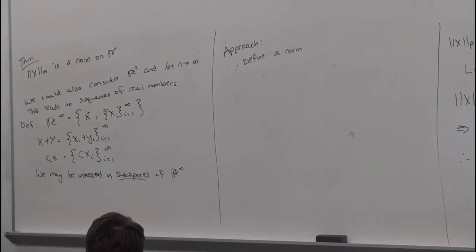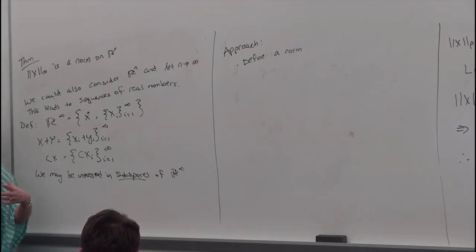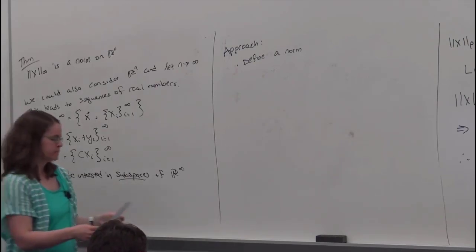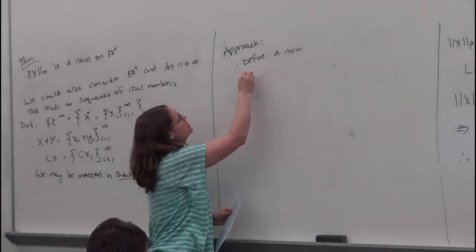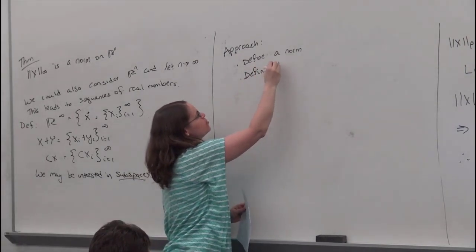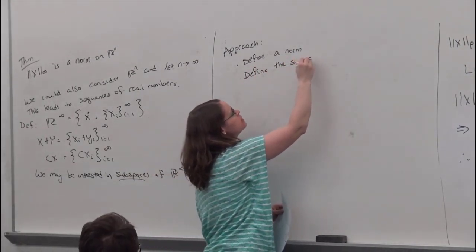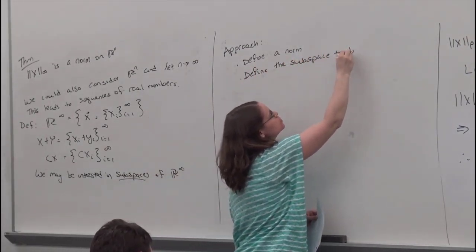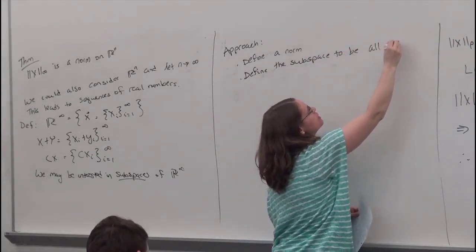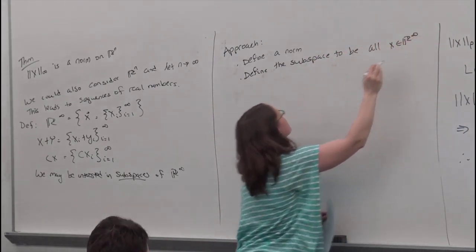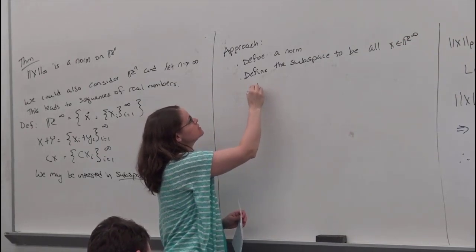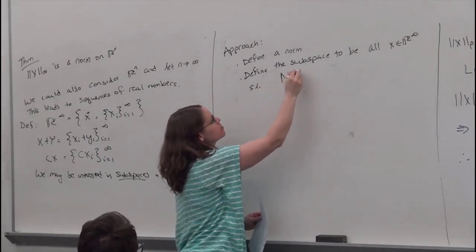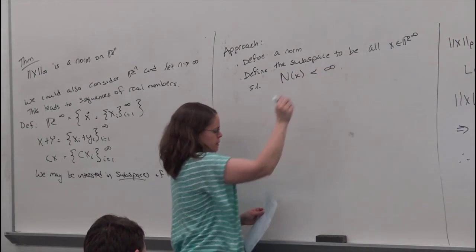So just defining something that looks good as a norm isn't going to make R infinity a normed vector space unless the norm spits out a real number always. Okay? So then we define the subspace to be everything in our space such that the norm of X is finite.